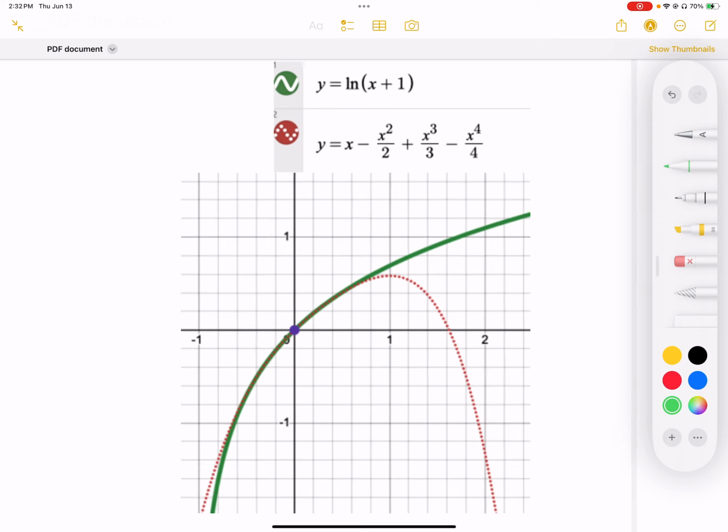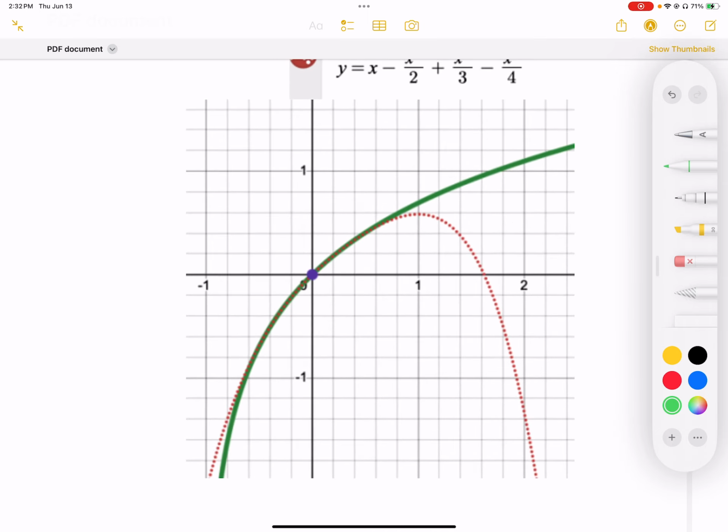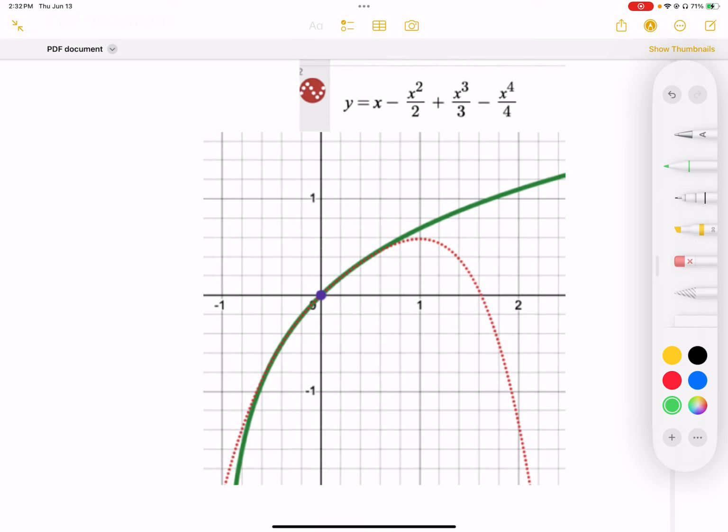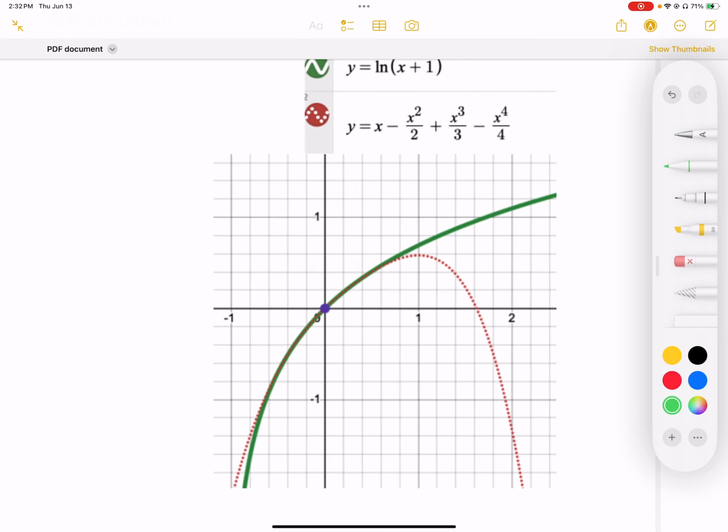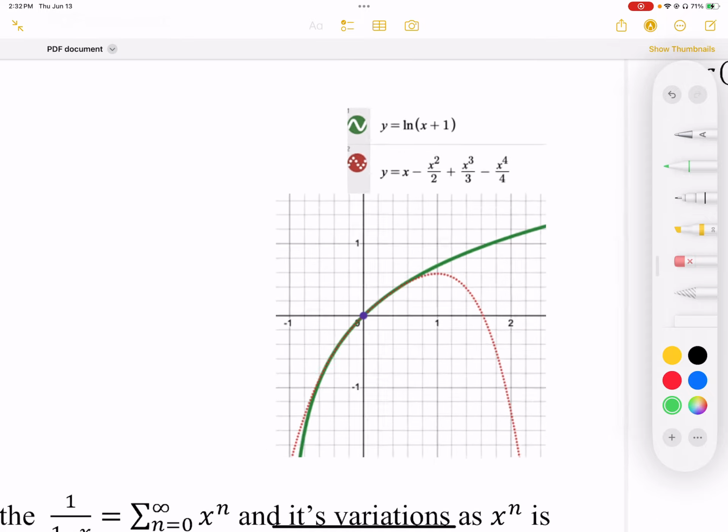So that polynomial expansion of 4 terms is going to look like that dotted line that I've drawn there. And notice that that dotted line mimics the function in the interval from negative 1 to 1. And the closer I am to the center, the better the approximation, or the better that the fourth degree function mimics the log function.